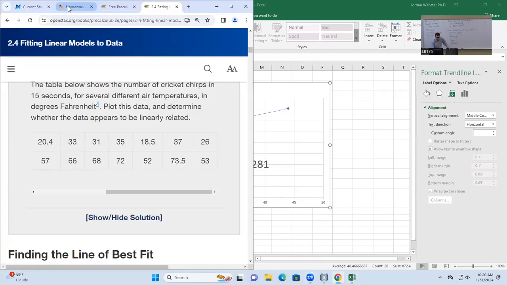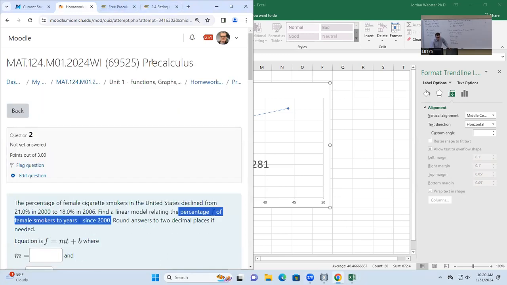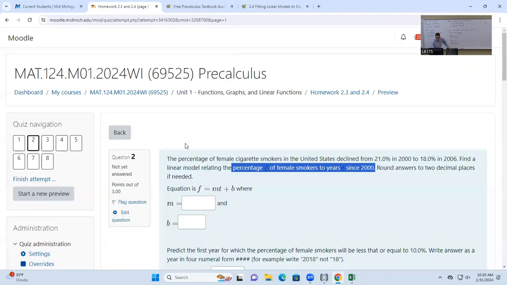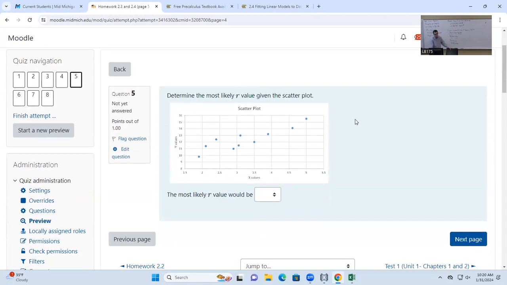So let me show you what I mean by that. If you have a scatter plot and you look at it like this, it's going to say, what's the R value?